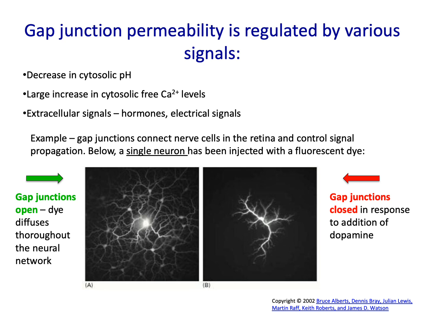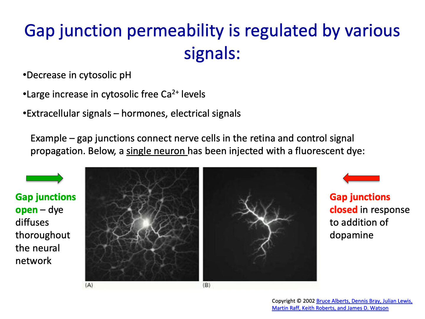This is an image of the retinal tissue in which the neurons have been injected with a fluorescent dye. On the left, under normal resting conditions, gap junctions between neurons are open. This is what allows the neuron electrical potential to move so quickly throughout an entire tissue.